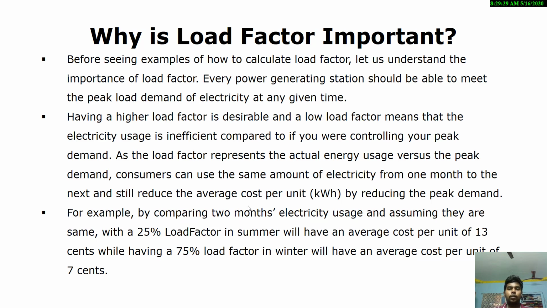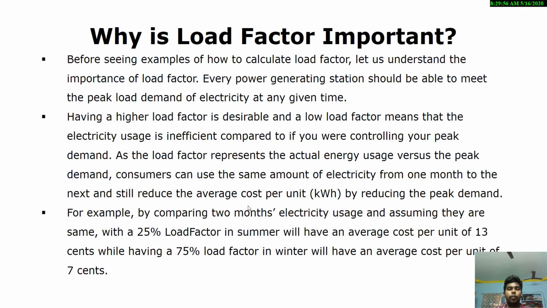A low load factor means that the electricity usage is inefficient compared to if you were controlling your peak demand. As the load factor represents the actual energy usage versus the peak demand, consumers can use the same amount of electricity from one month to the next and still reduce the average cost per unit by reducing the peak demand.